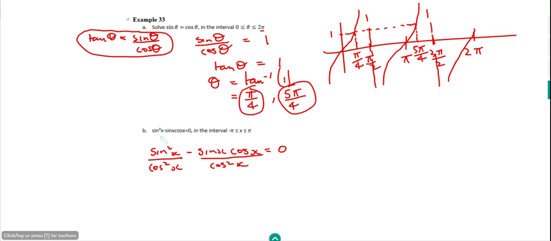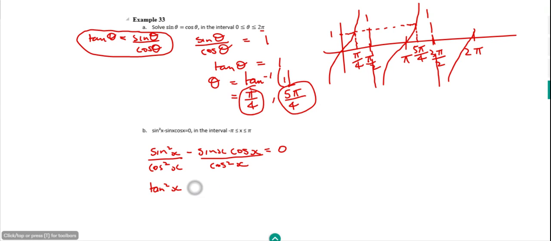So we know that theta can be interchanged with x, it's just another way of denoting the angle. Because tan theta is equal to sine theta over cos theta, this is actually tan squared theta, or tan squared x. So sine squared over cos squared will give us tan squared.